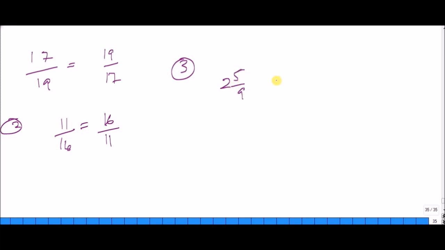And this would have been 9 2's 18, 18 and 5 would have been 23/9, and the reciprocal of 23/9 would be 9/23. So that's finding the reciprocal.